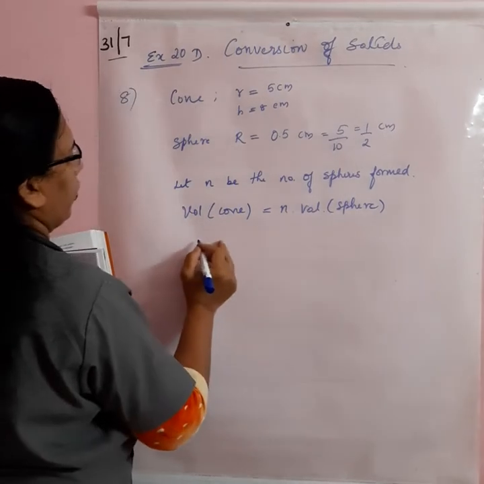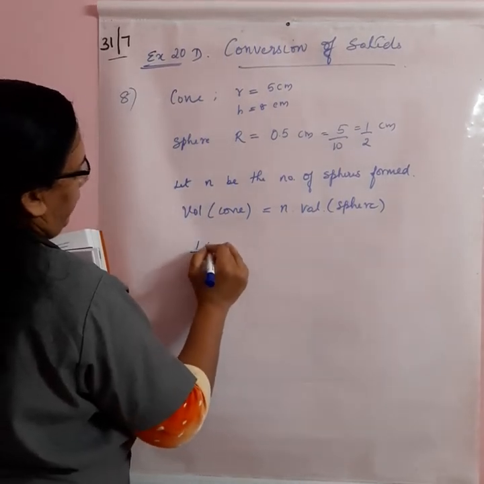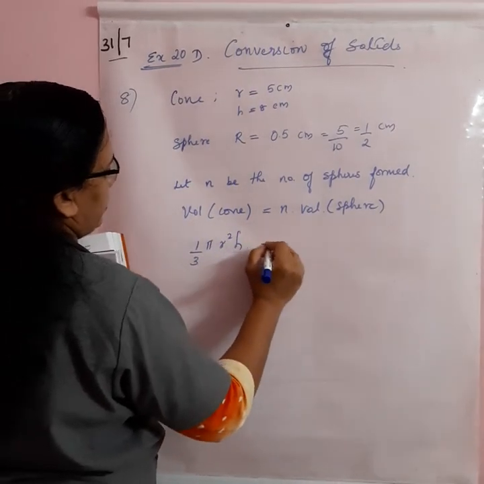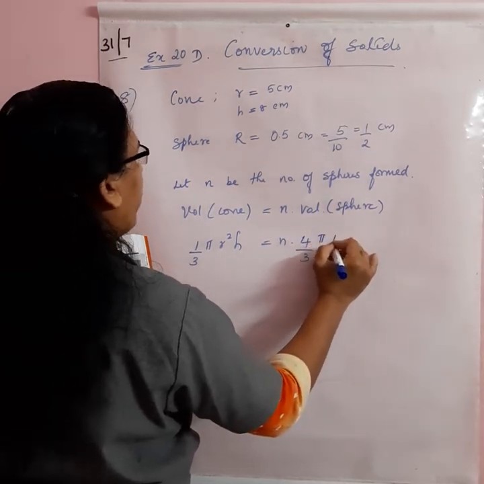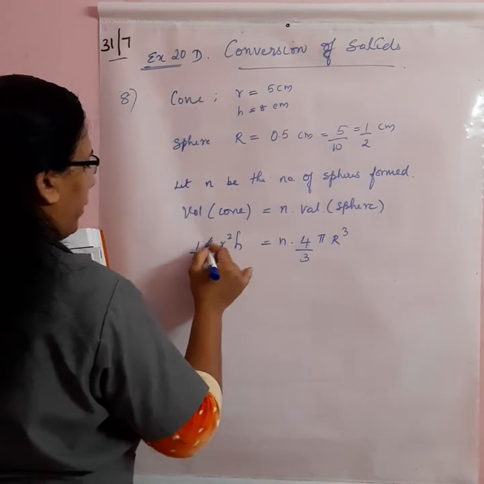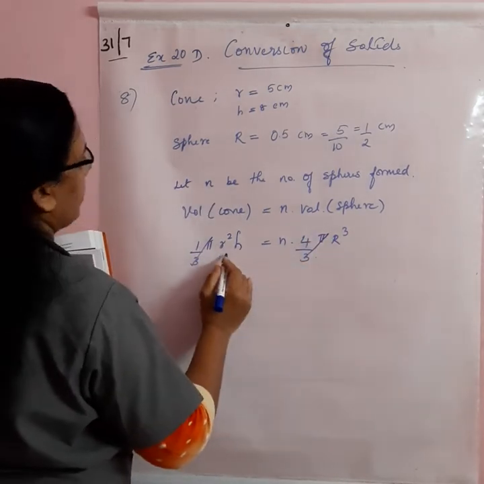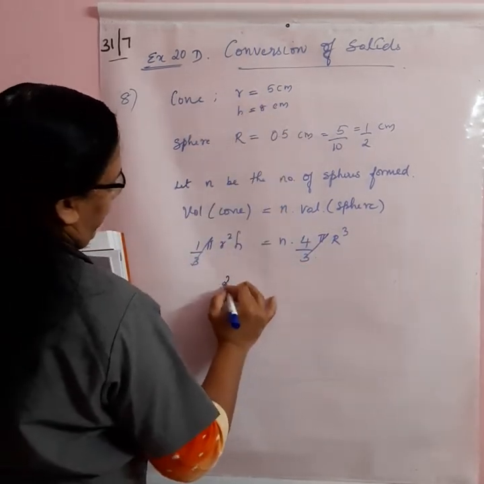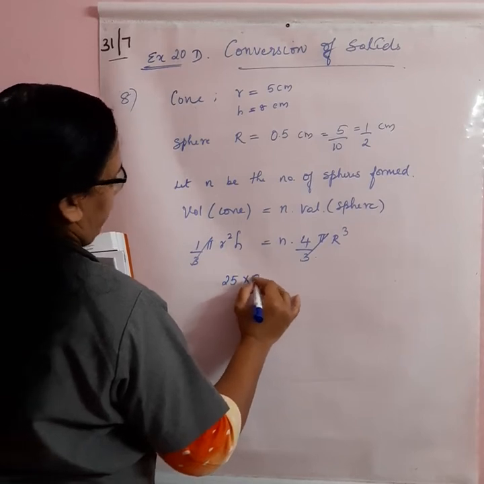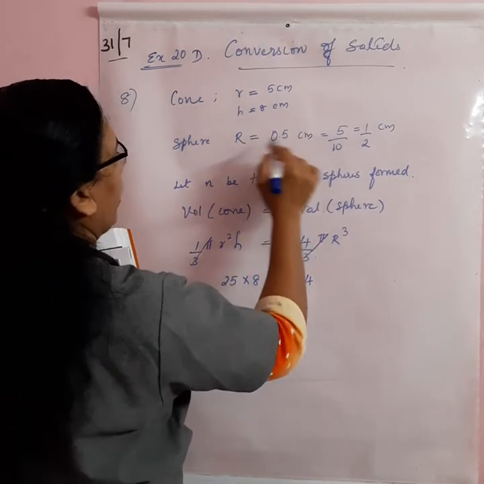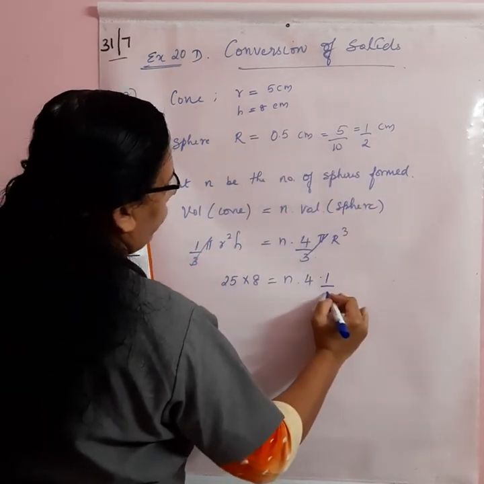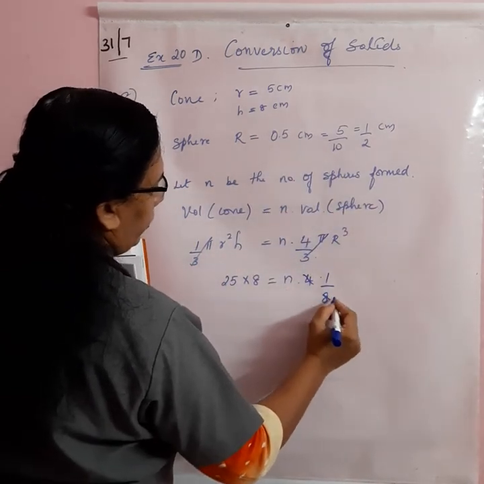That is, what is the volume of the cone? 1 by 3 pi r square h is equal to n into the volume of a sphere, which is 4 by 3 pi capital R cube. So pi by 3 can cancel. What is r square? 25 into h, 8, is equal to n into 4. What is R cube? R is 1 by 2, so R cube means 1 by 8. So 4 will go here twice.